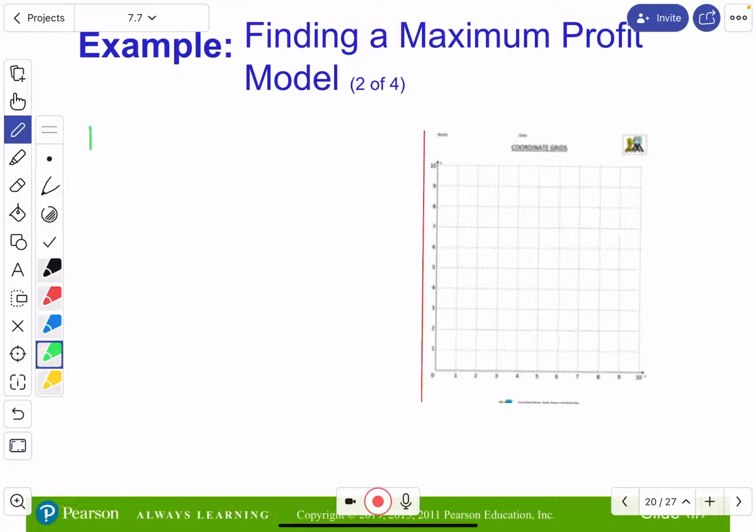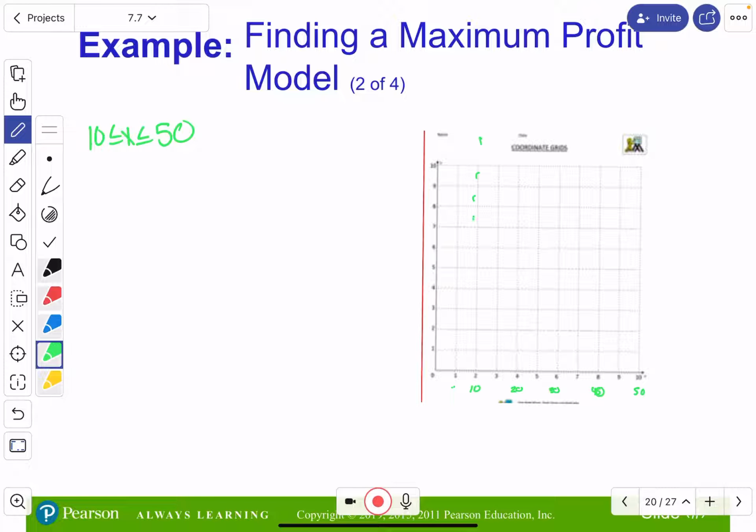We said 10 is less than or equal to X, which is less than or equal to 50. So if we make these 5, 10, 20, yeah. So this would be 10, 20, 30, 40, 50.